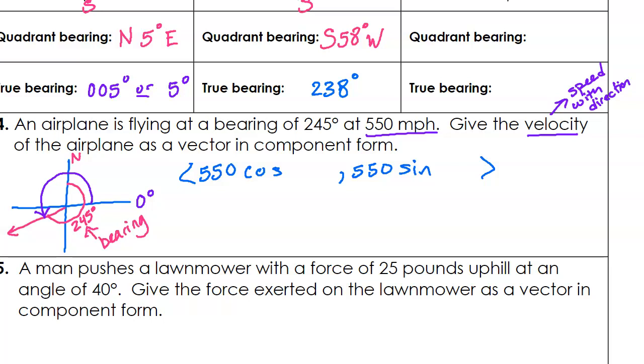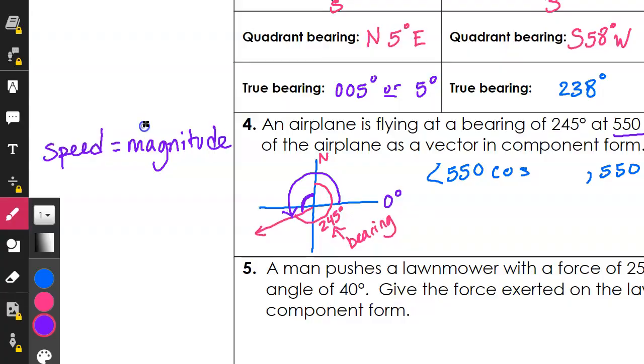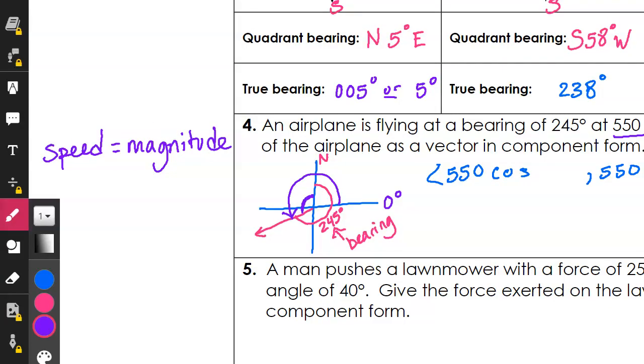So 360 minus 245 would give me this angle here, which is fine. I mean, that could help us. So 360 minus 245, this would be 115. Is that our full direction angle? Yes, we can just add 90.